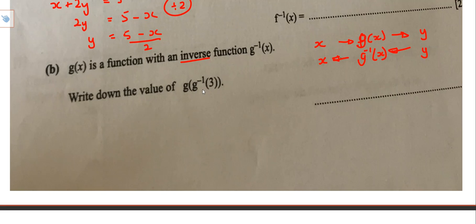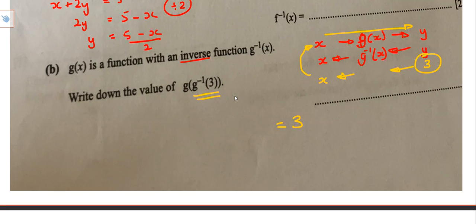So what they're saying is, if I want to do the inverse first to 3, we are basically saying that we want to put 3 in here, put that in, and that will give me the x, but then I want to go back the other way and do the function of that, so then that x goes in and goes through, and what will it come out as? Well, it will come out as the 3.